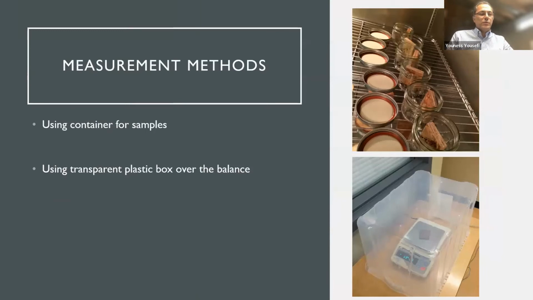And since some of these measurements are really sensitive, and we are talking about really small portions of vapor absorption, it was critical to put them in a container while we do the measurement, like weighing the material, and also for eliminating all the fluctuation from the air conditioning in the lab.